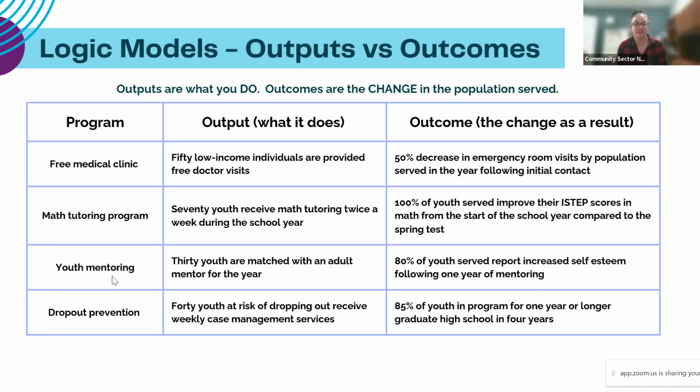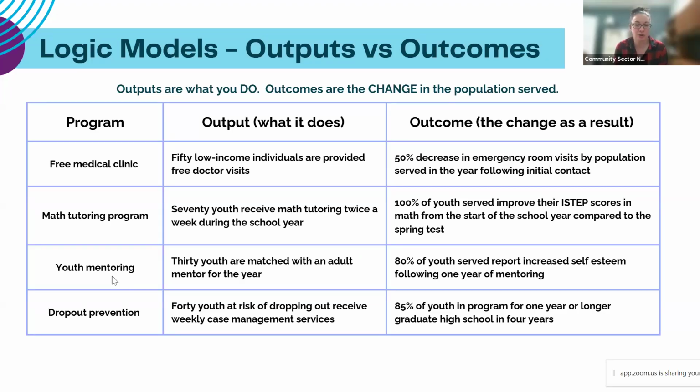So if we had a free medical clinic, one of the outputs might be that 50 individuals were provided with free doctor visits. And then an outcome we could measure is that as a result of that output, we've seen a 50% decrease in emergency room visits.